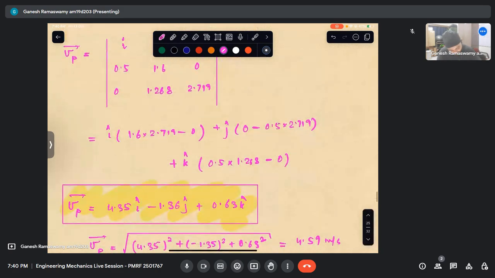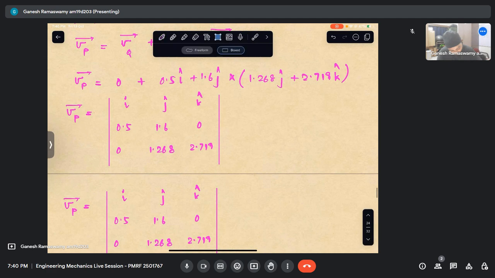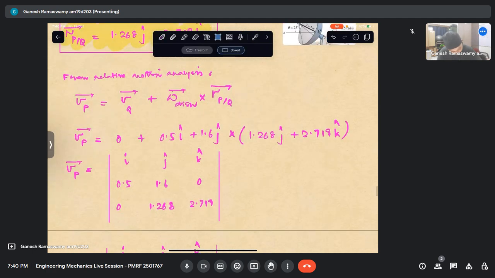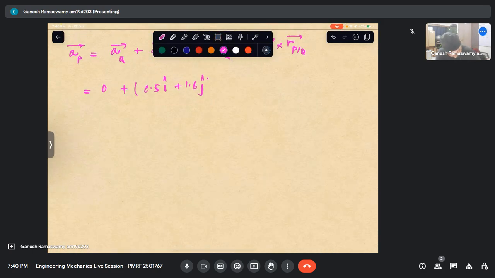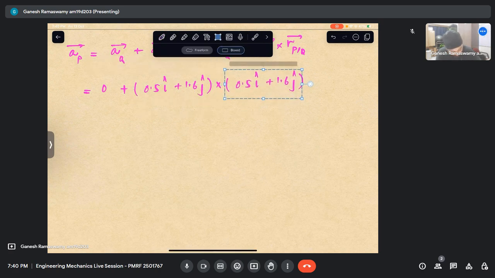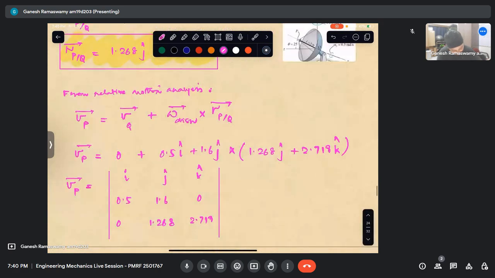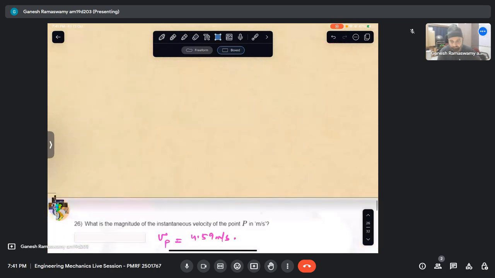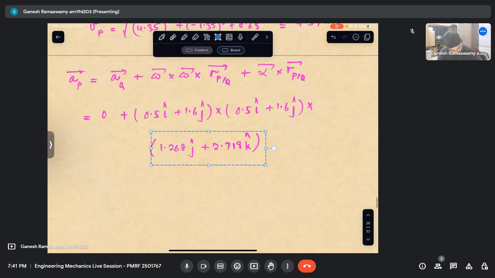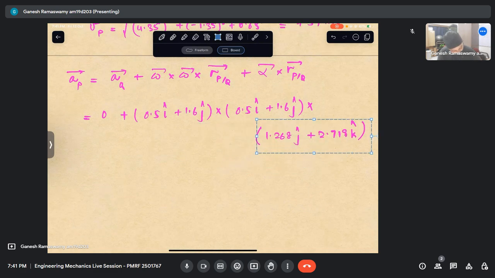Omega is this quantity, omega of the dish, omega cross it is r P with respect to Q, this quantity, plus alpha.